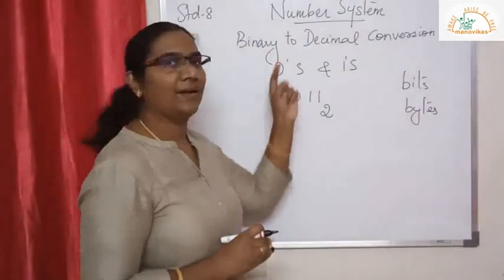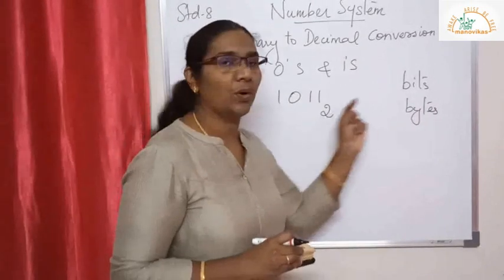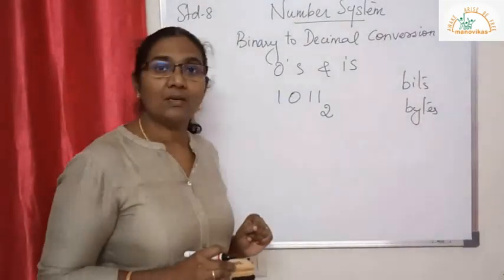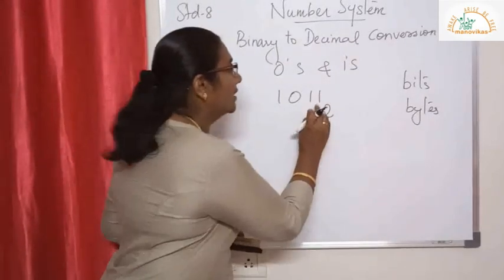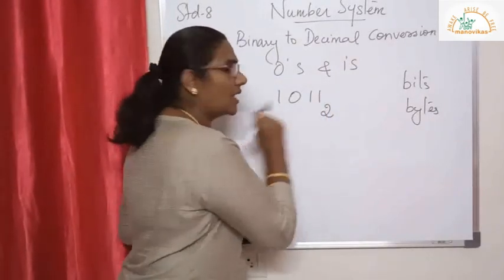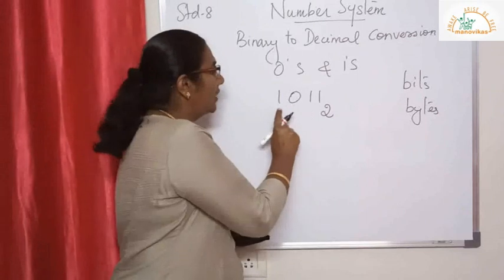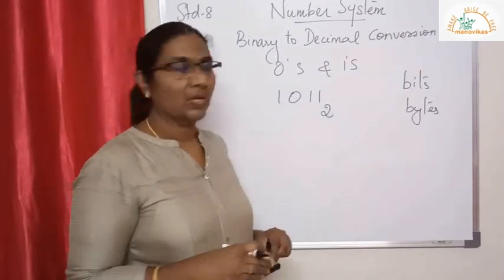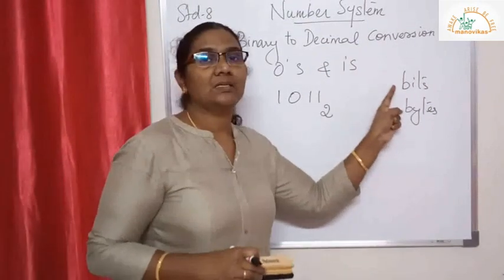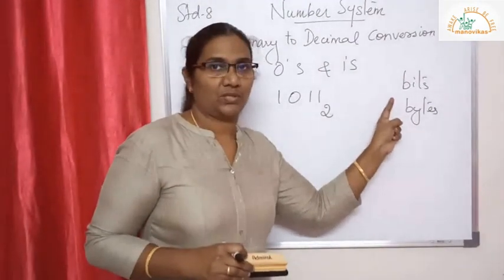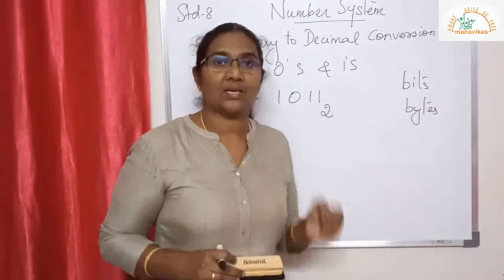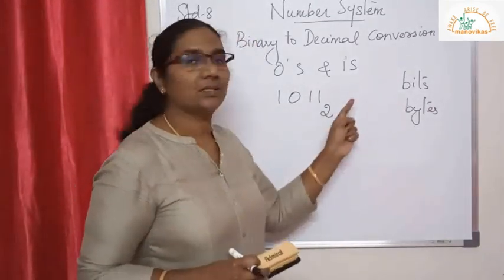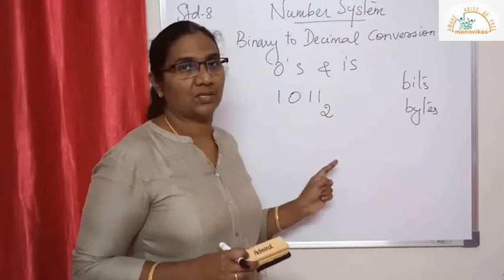Now we are learning binary numbers, so I would like to say what a bit is. This is one bit, this is another bit, this is another, and this is another bit. There are 4 bits in this number. Please remember, if there is a question, what is a bit? A bit is a single binary digit.